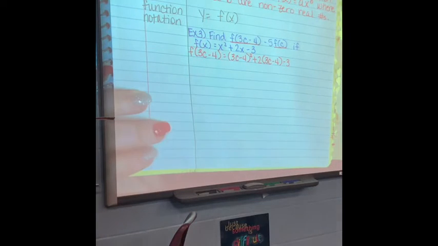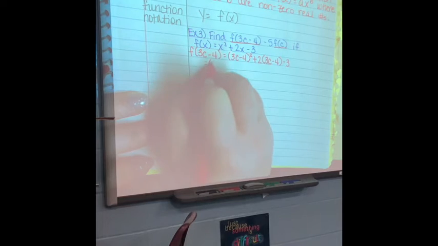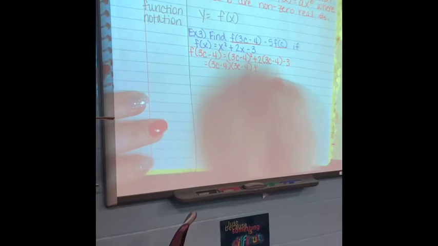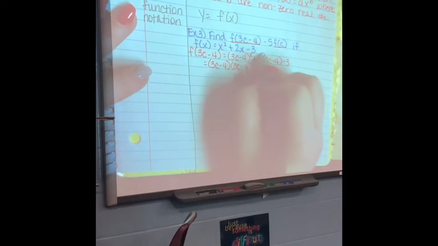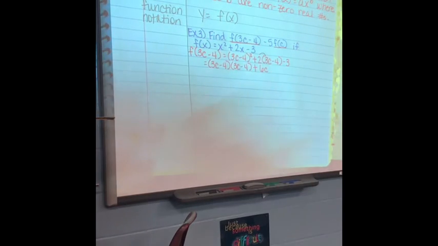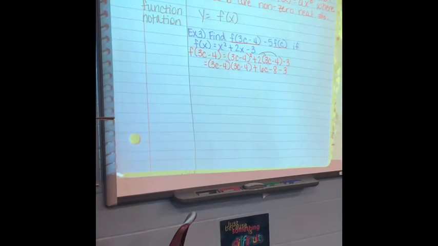Yeah, I have to multiply 2 of the 3c minus 4s. So what that looks like for me is 3c minus 4 times 3c minus 4. And I'm going to go ahead and distribute here. 2 times 3c is 6c. And 2 times negative 4 is negative 8. And then I have the minus 3 there that I need to bring down.